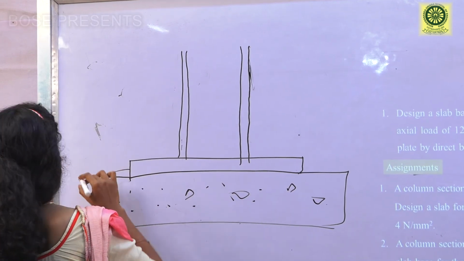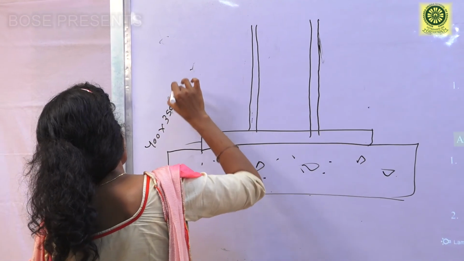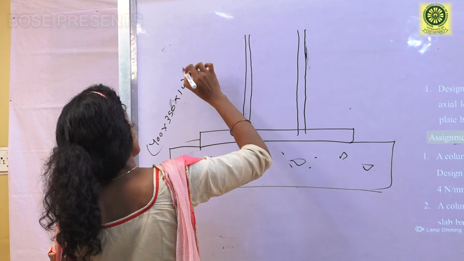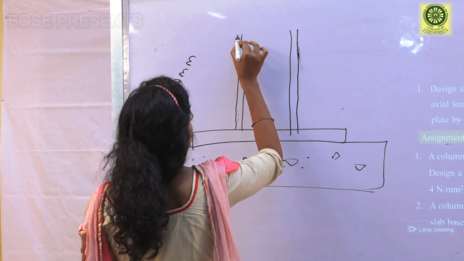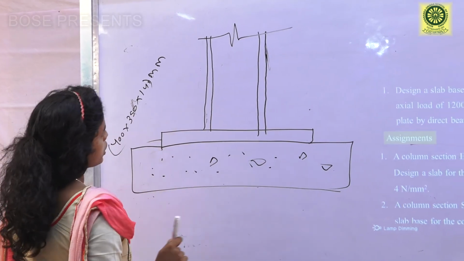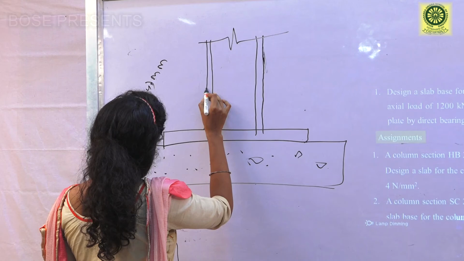This is the base plate of size 400 into 350 into 40 mm. Here bolted connections are used. So we use the cleat angles.